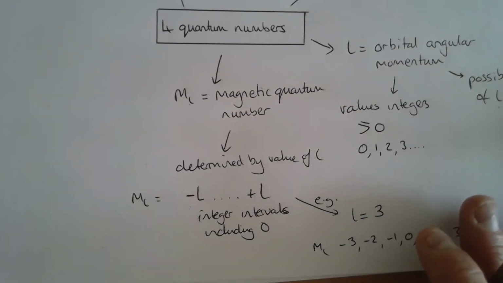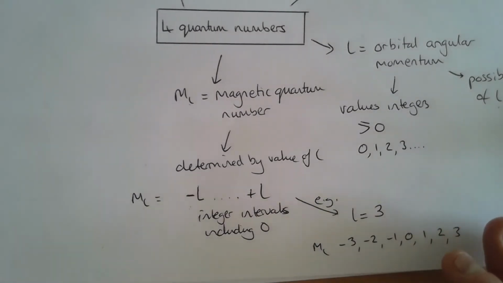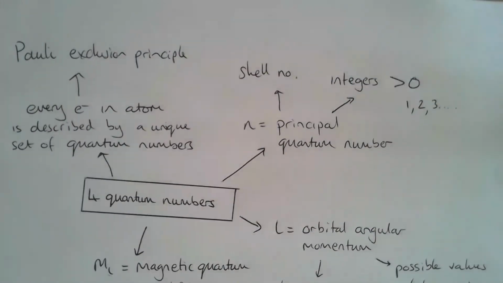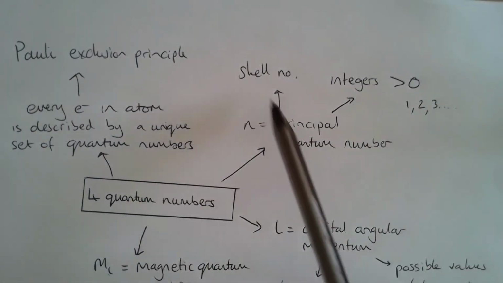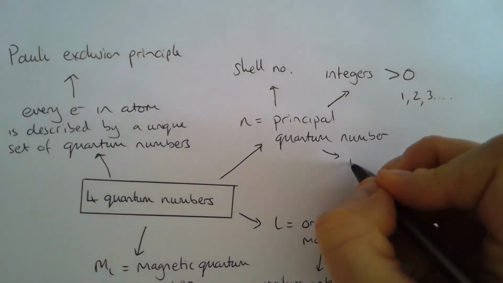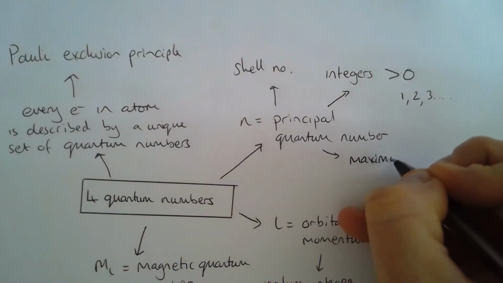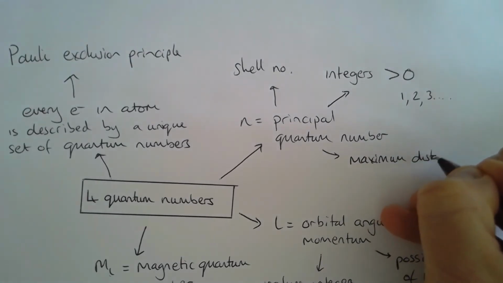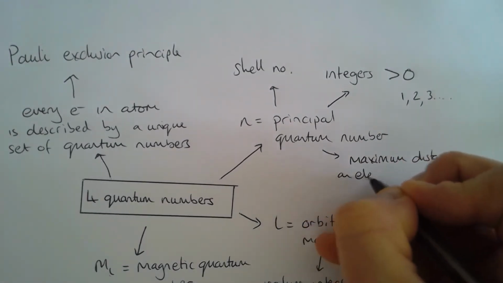Before we get to our last quantum number, let's just review what we've looked at. We've got n as our principal quantum number, that's the shell number. That's basically the maximum distance away from the nucleus an electron can be found.